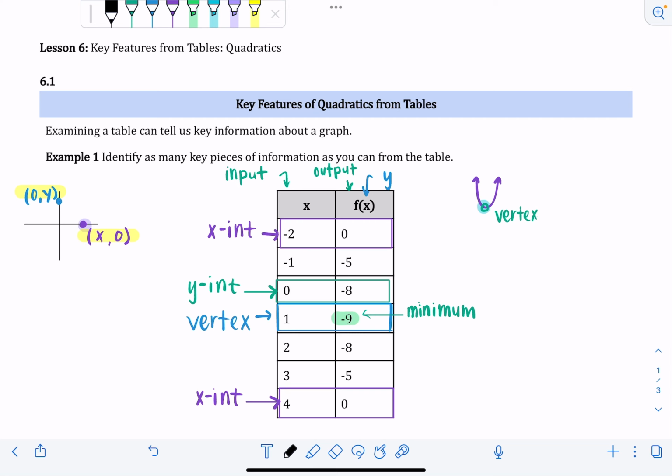So remember that end behavior always is structured the same way. End behavior is the way that we describe how the graph ends. It starts off with "as x approaches negative infinity," and that just means the left side of the graph.